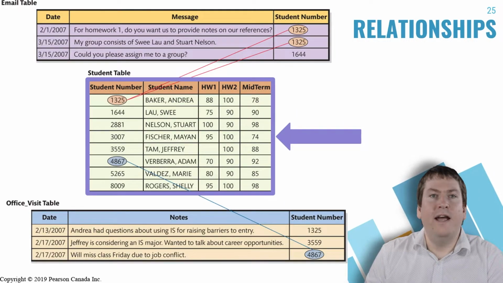Now let's look at this student table here in the middle. How many records are in this student table? Once again, I'm going to put up a timer. Try counting them.